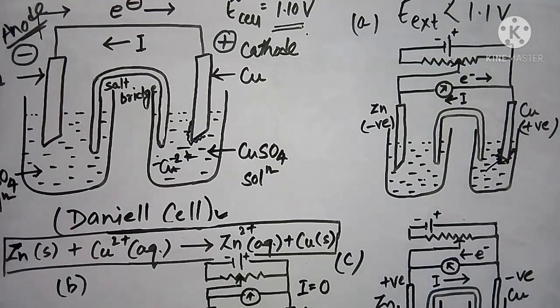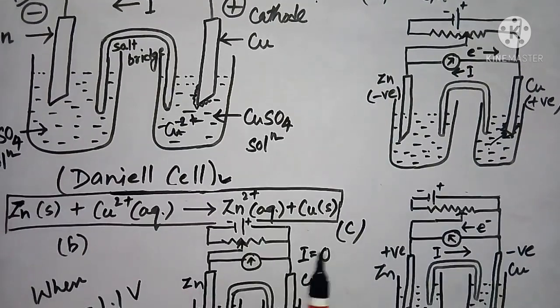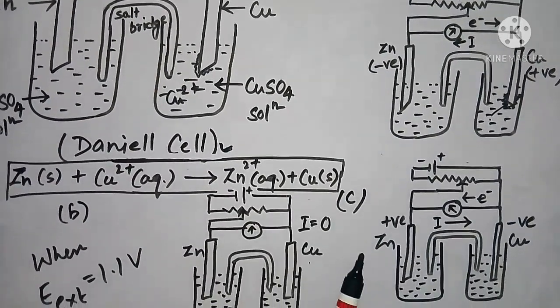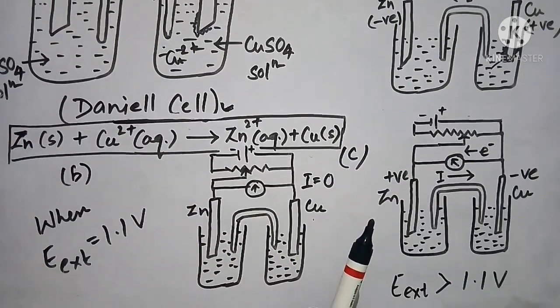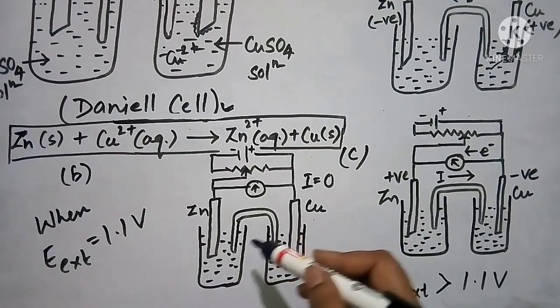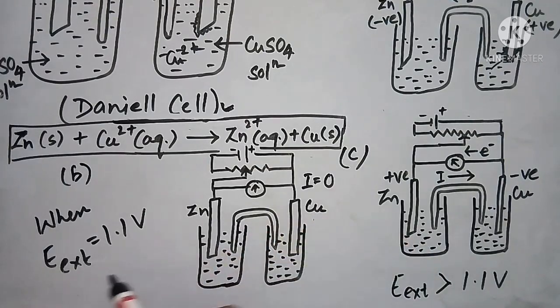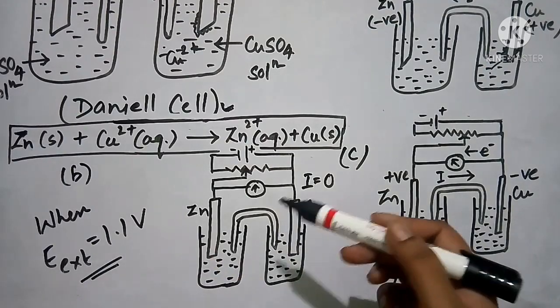Okay, so now let us take another case in which the external opposite potential is equal to 1.1 volt. See, in this case there will be no electron flow, because the external potential is opposite to the cell potential, or the electrical potential of the cell, so obviously there will not be any electron flow.